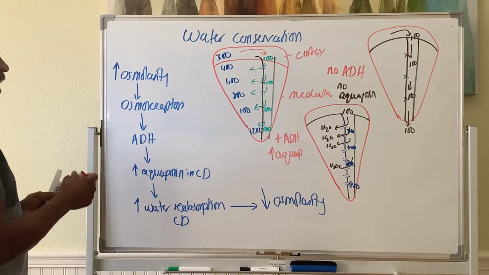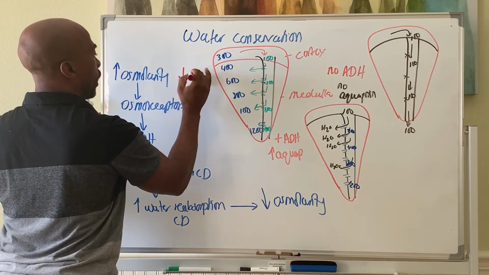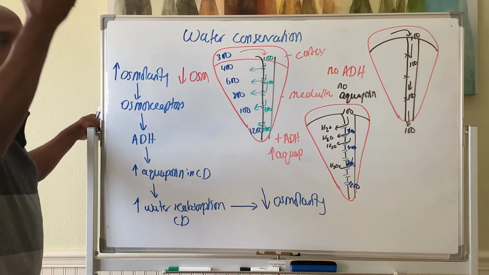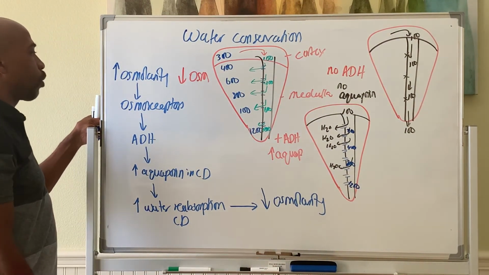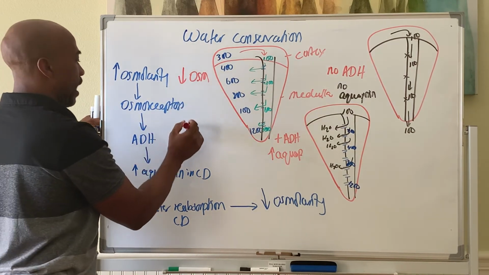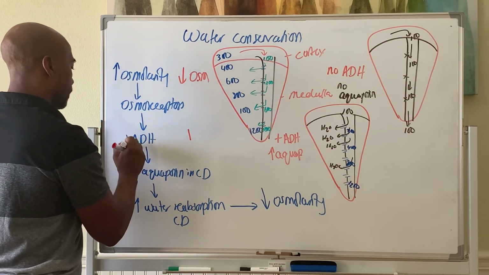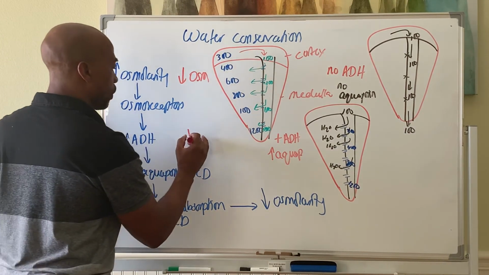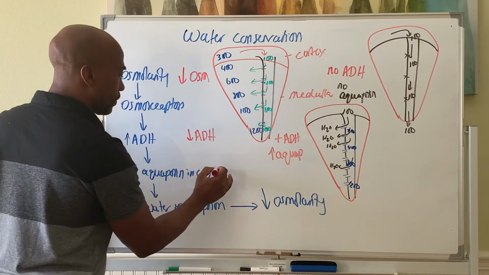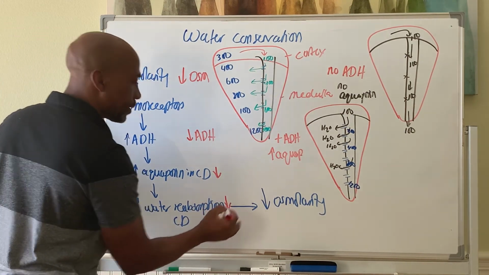The vice versa happens when you have low osmolarity. Let's say you drink a gallon of water per hour. Some people walk around with big buckets of water to drink all day. That will lower your osmolarity, and eventually cause you to stop making ADH. So ADH goes down, aquaporin goes down, which means water reabsorption also goes down.